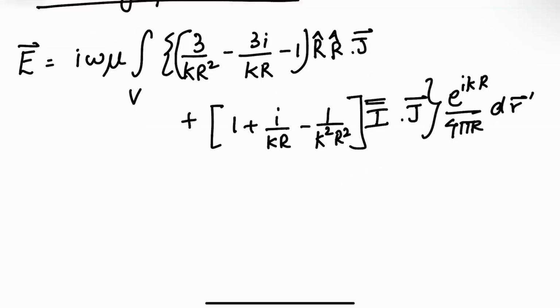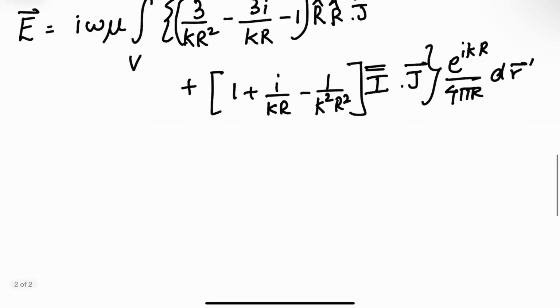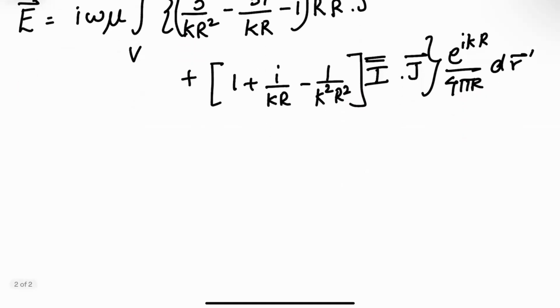The problem with this is that there is a 1 over r here and a 1 over r square term here, which means there is a 1 over r cube dependence in this electric field. And that actually will cause a problem when we try to remove the singularity in this Green's function.